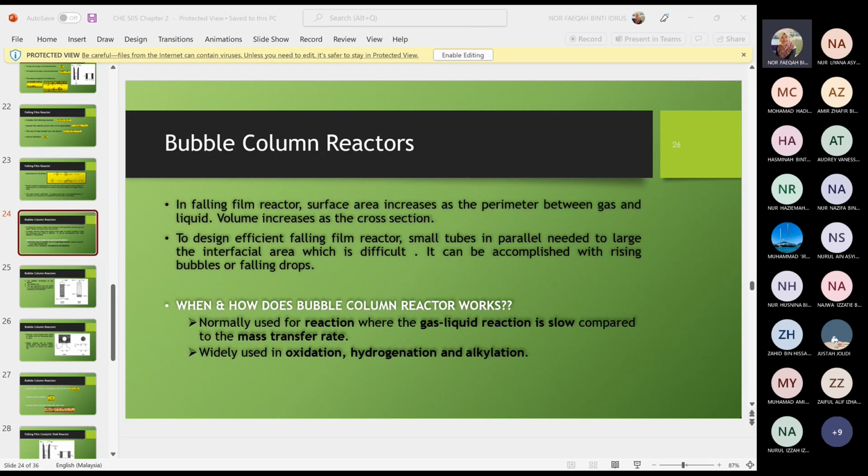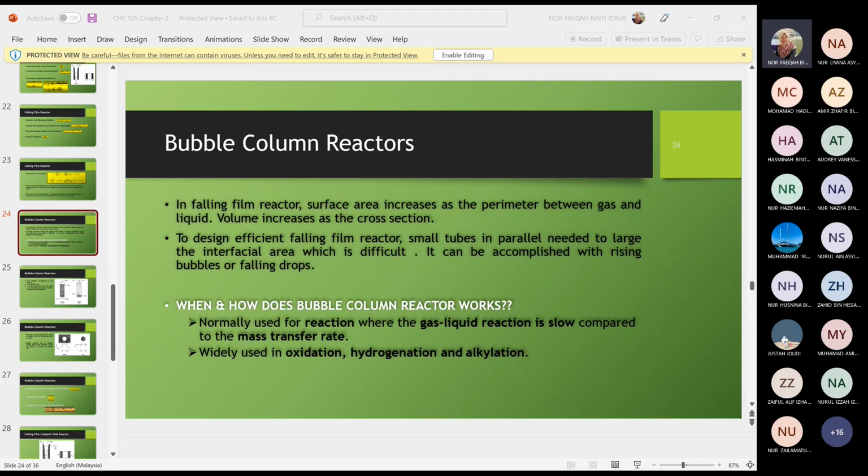Okay, so the problem now, when we have the bubble column, is how to control the size of the bubble and the size of the liquid drop. But before that, we need to know how the reaction will occur in this type of column. For both bubble column and spray tower, reactant A must migrate from a drop or bubble into the continuous phase to react.